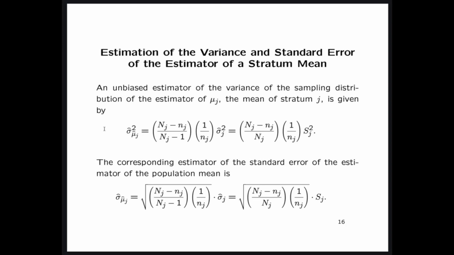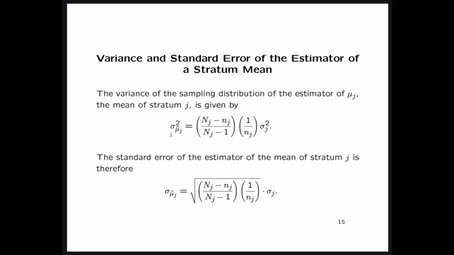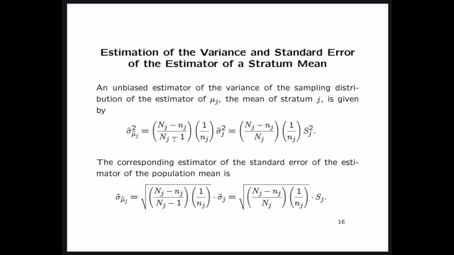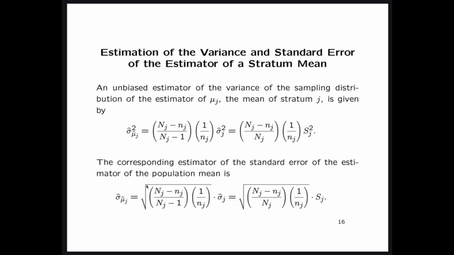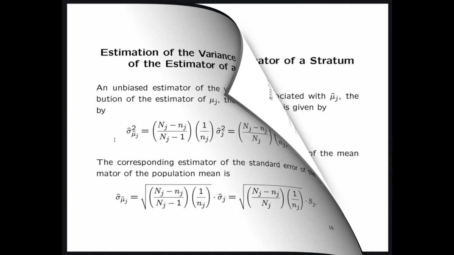That is an unbiased estimator of sigma squared sub mu hat sub j, so that's an unbiased estimator of the variance of mu hat sub j. When we take the square root, we get the estimated standard error of mu hat sub j, but that is not an unbiased estimator of sigma sub mu hat sub j. It's the estimated variance that is the one that's unbiased.